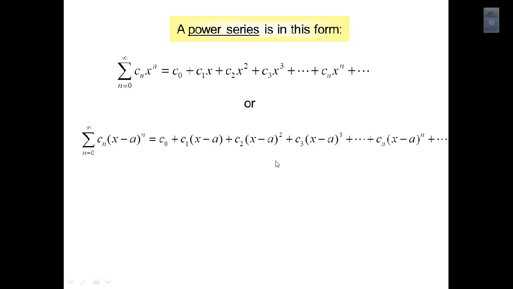This is called a power series, or this is also a power series. Now this one up here is based around x equals 0. This one down here is based around x equals a. We'll find out more about what that means later.